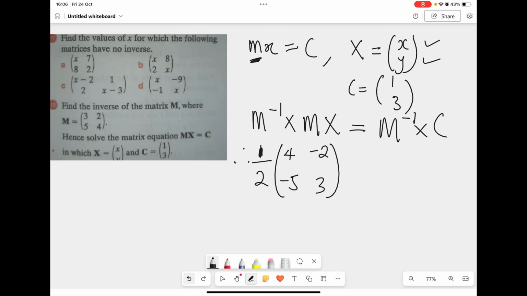Then I have my M. My M has not changed. Still there. Still the 5, 2, 4. Then our X is given to us. X is X and Y. It's looking large, but it's still nice.